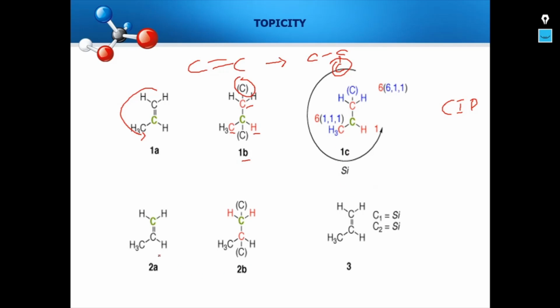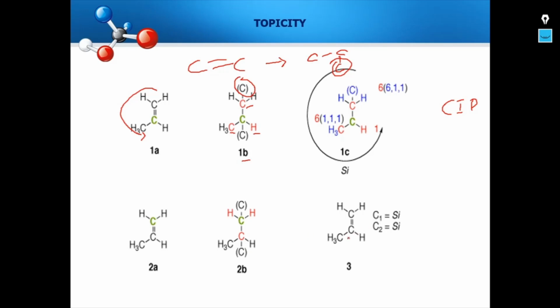Clearly C1 in 2A cannot be classified as Re or Si on the basis of attached ligands, CHH. Therefore, dropping the phantom carbon on C1 in 2B accomplishes nothing. The priorities are still CHH by convention.